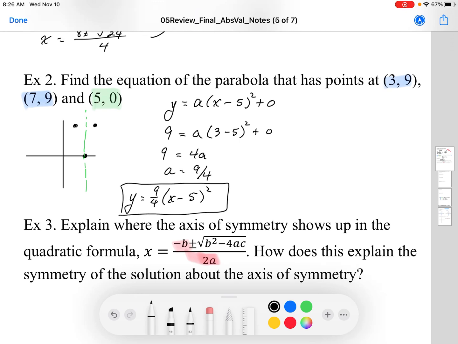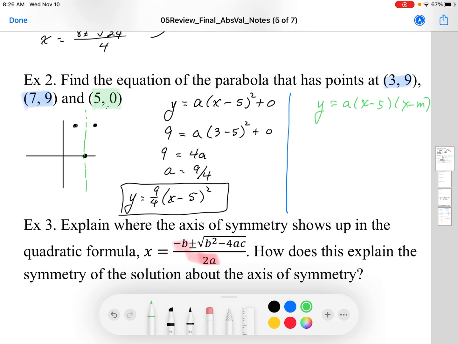We could have tried doing this as a system of equations, and so this is an alternate solution. I could use the zero form, a(x minus 5)(x minus m), and then we have two variables to solve for, and we have two coordinates that we can use.